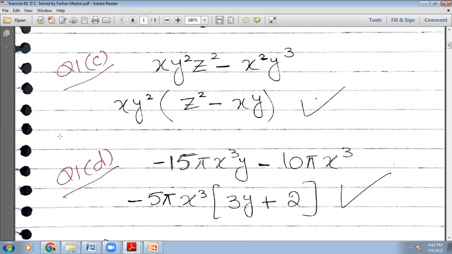So here the x will be common and the y squared will be common. When you divide xy squared z squared by xy squared, z squared will be left. When you divide minus x squared y cubed by xy squared, you are left with minus xy. So your answer will be xy squared bracket z squared minus xy bracket close.